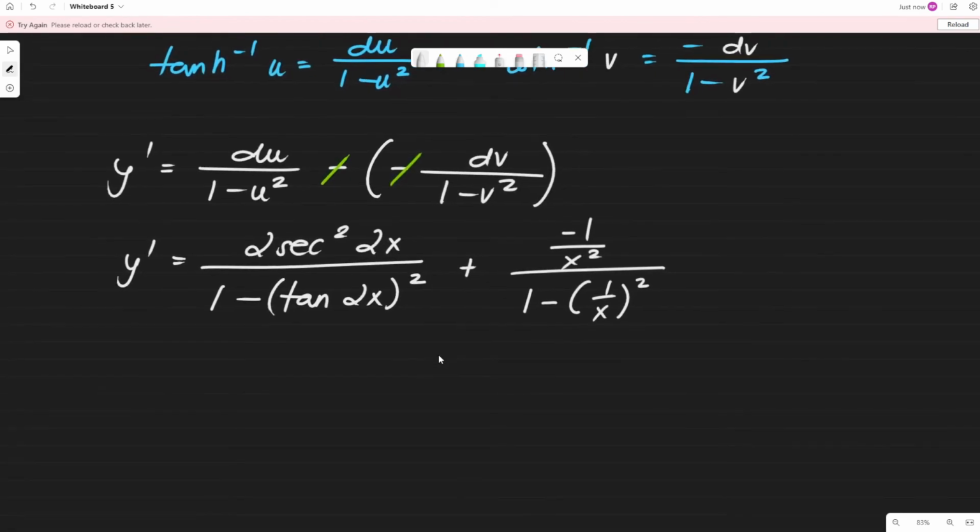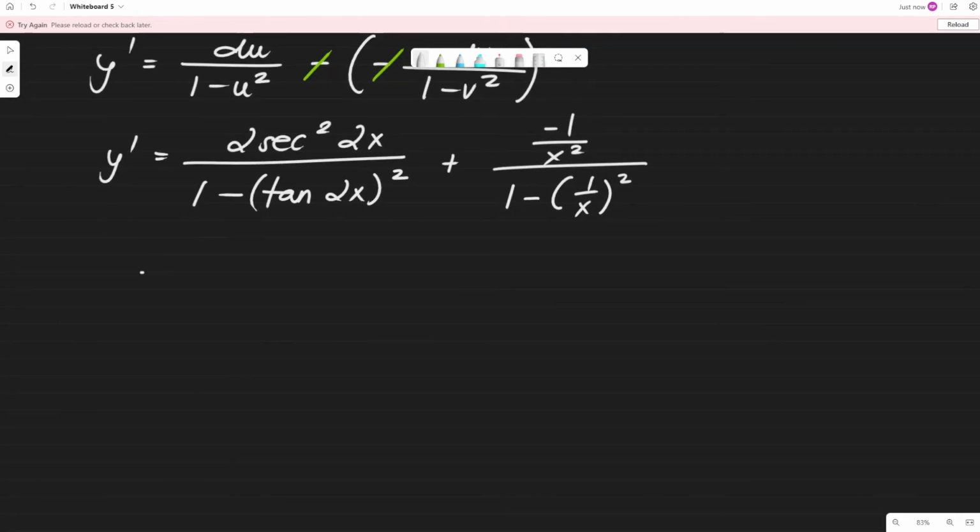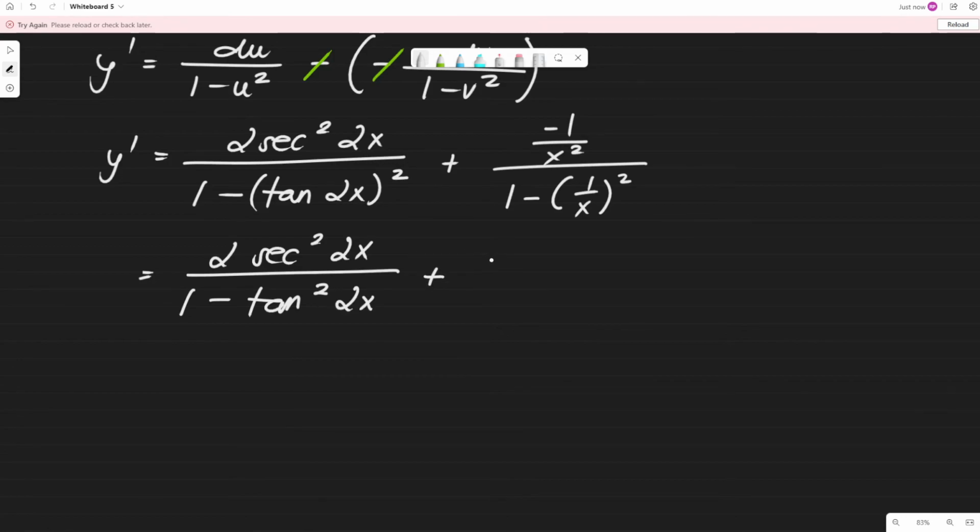Okay, so yan. So let us operate, no? So simplify natin, no? May mga simplification tayo magagawa dito. 2 secant squared 2x over 1 minus pwede nating ilagay yung square sa tangent, no? Ayan, 2x plus or minus, no? Kasi may minus tayo dito. Minus 1 over x squared. Diba this one can be simplified?